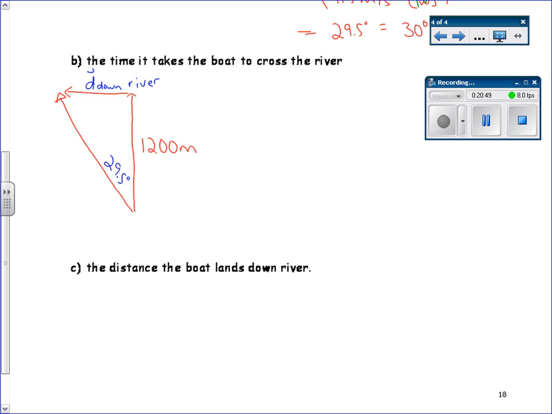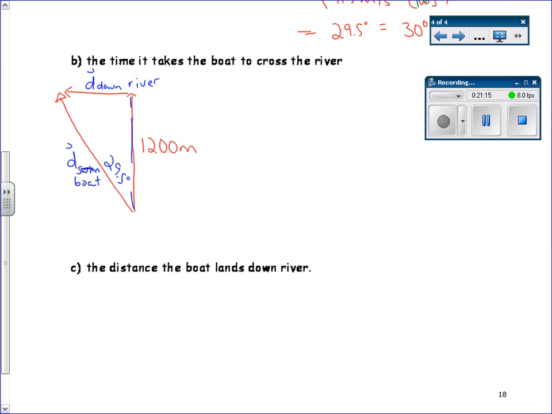So in order to find the time it takes a boat to cross the water, we need to know the distance that the boat goes, not the distance across. That's what we need to know, is how much ground the boat actually covers when it goes across, because it doesn't go straight across, it goes across at an angle, so it's actually covering a little bit more ground, and that's why it ends up downriver.